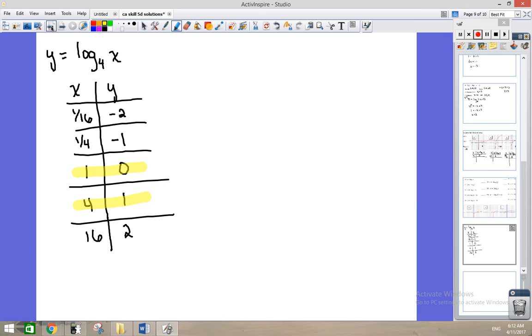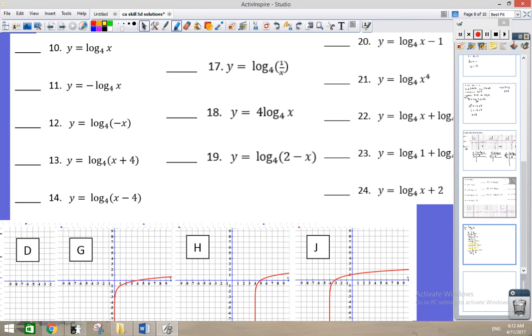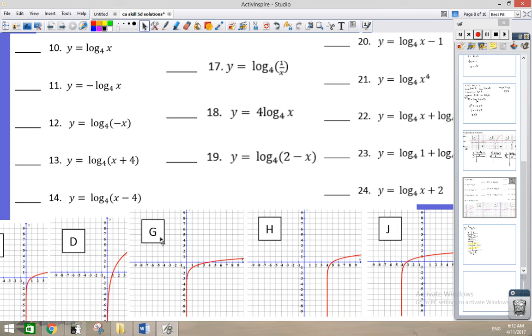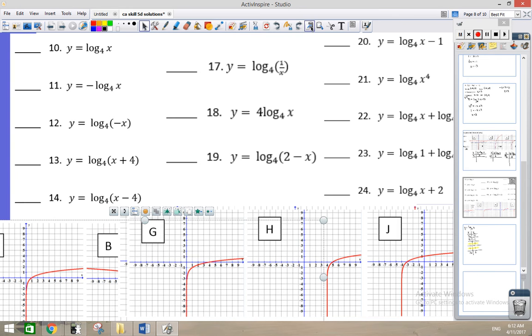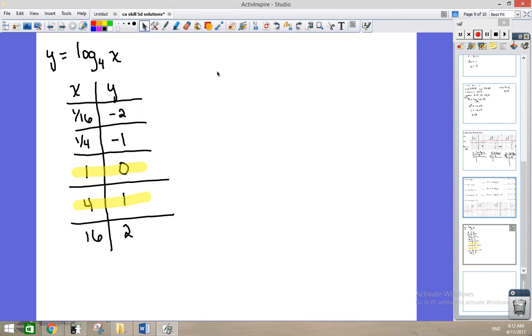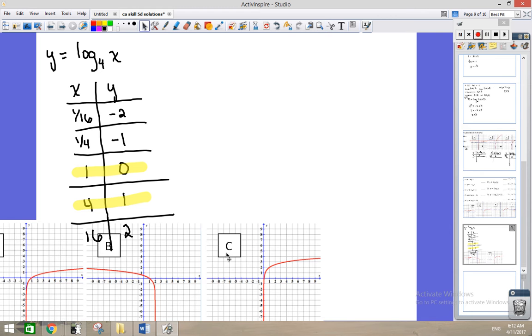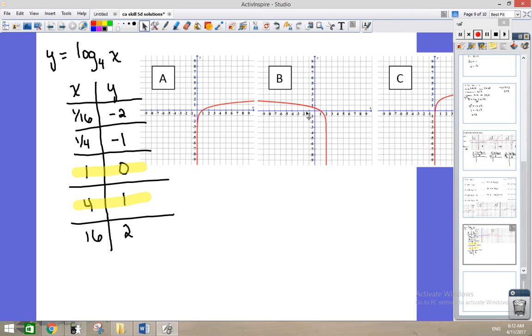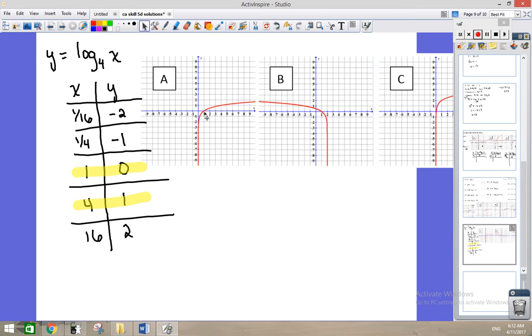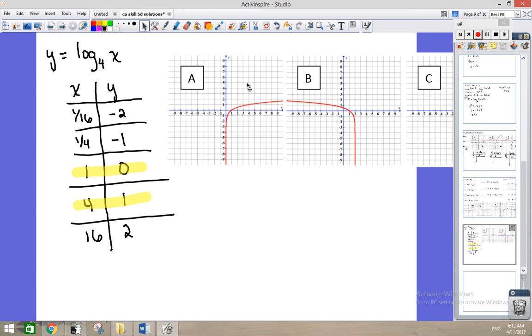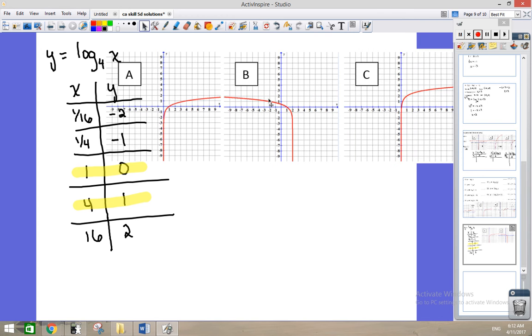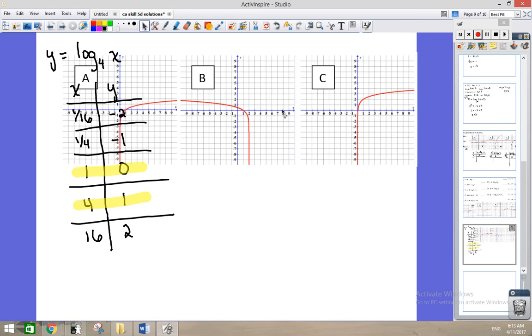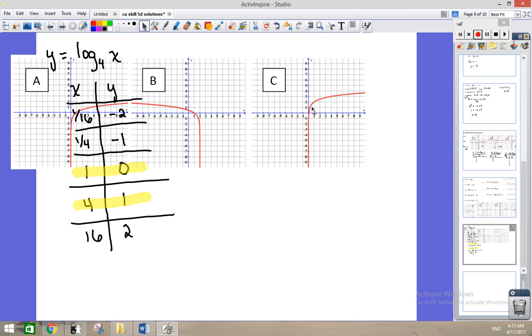So let's come over and see if we can find it. When I compare these first graphs, this one's 1, 0, this one's 4, 1. It looks like I've gotten lucky and found it right off the bat with graph A, because graph B is going in the wrong direction. Graph C is too high.